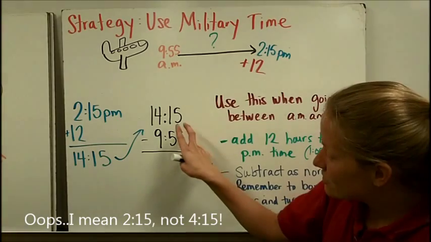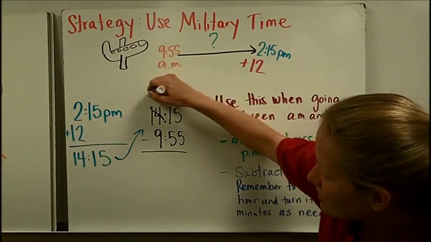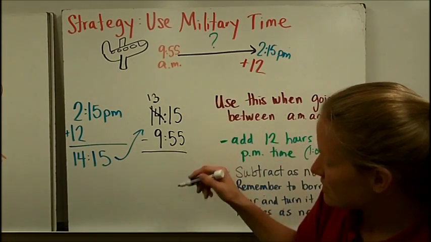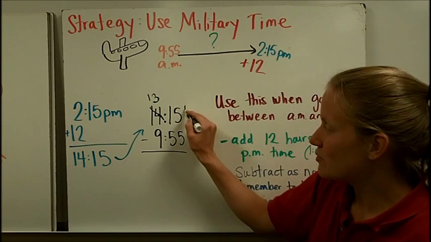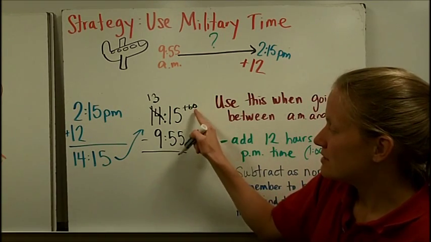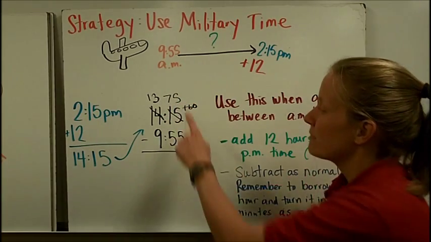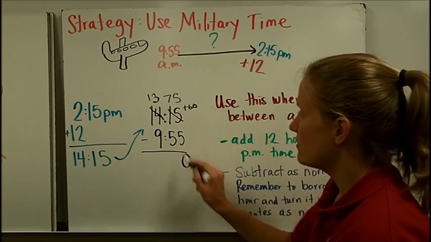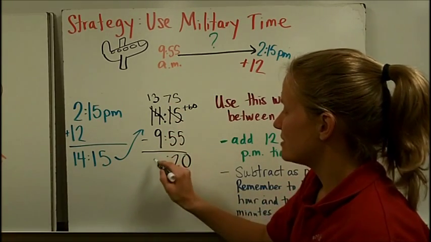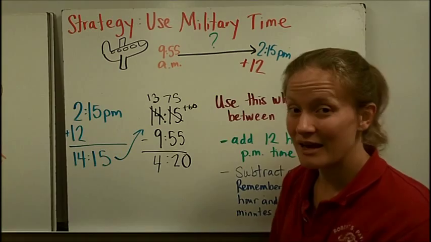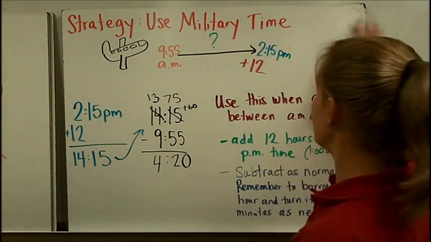So I can't do 15 minus 55, so I'm going to borrow an hour, turn that 14 hours into 13, and that 1 hour becomes plus 60 minutes. 60 plus 15 would make 75. 75 minus 55 is 20. 13 minus 9 is 4. And I got, again, 4 hours and 20 minutes, the same answer I got using a different strategy.